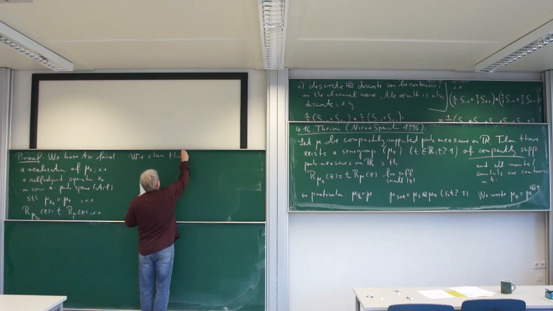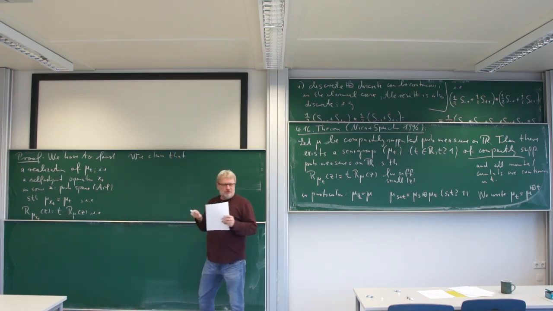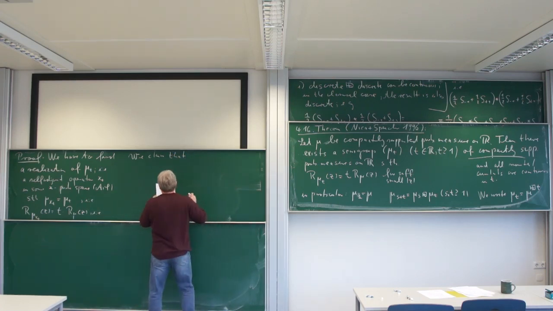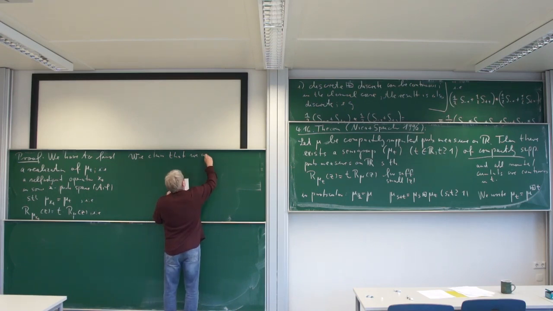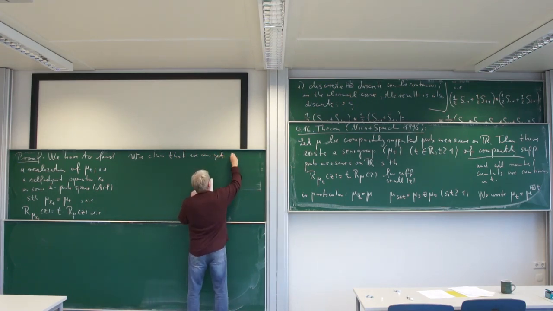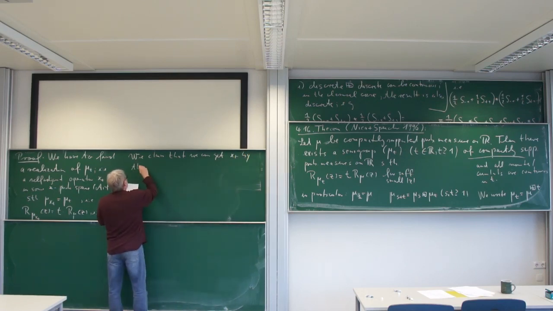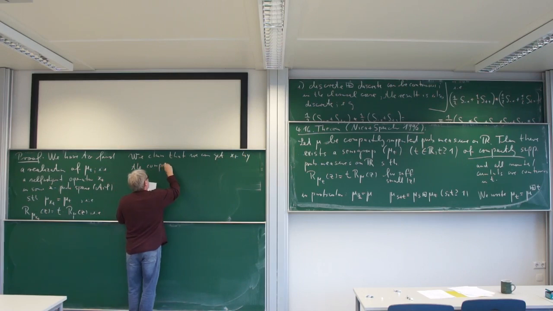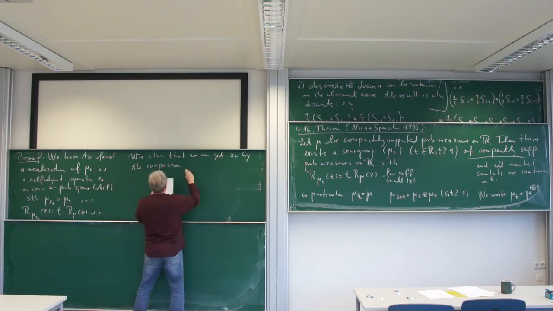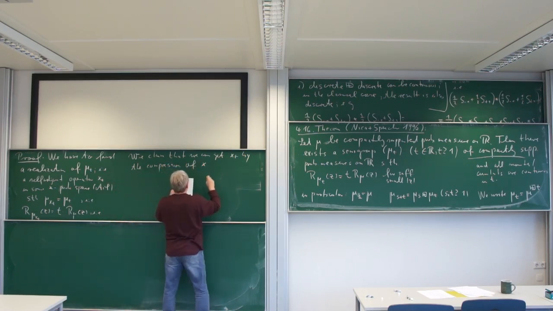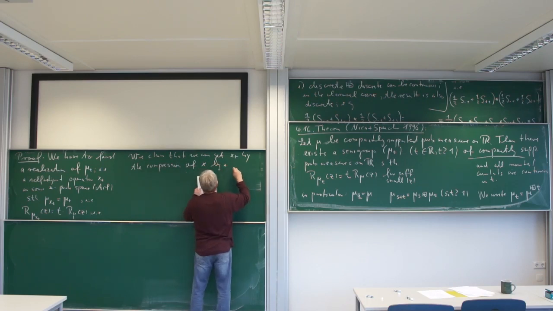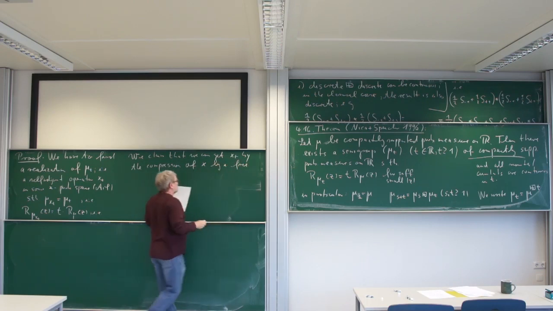And then essentially we have to check that this guy has the right cumulants. So we claim that we can get x_t by compression of x by a free projection.